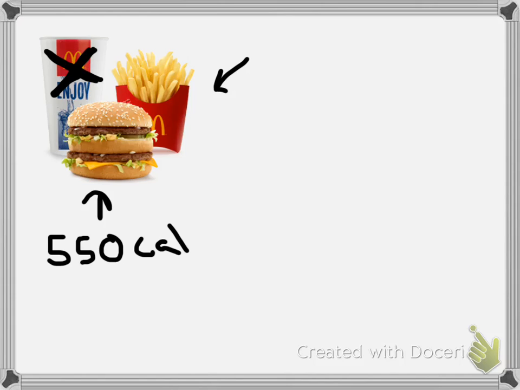So a typical Big Mac has 550 calories of chemical potential energy that it'll give you. And French fries has 500, and this is a large fry, by the way, and these are all real numbers. I went to McDonald's website and got their nutritional facts and looked for how many calories each of these things are.